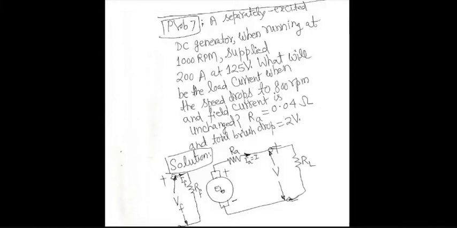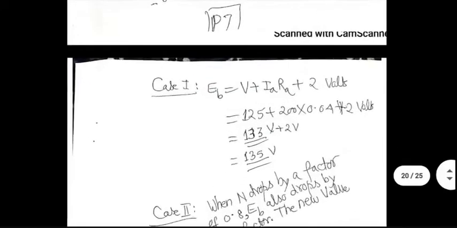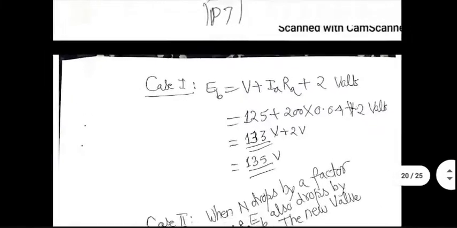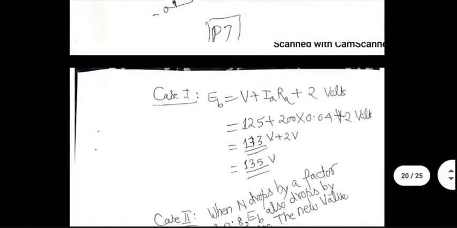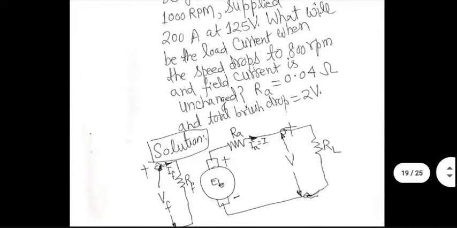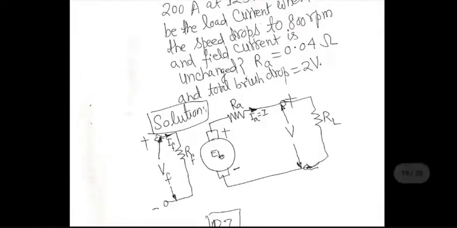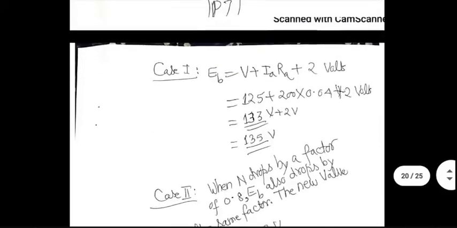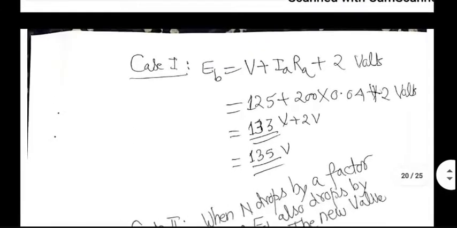At 1000 RPM, it supplied 200 ampere and 125 volt. Now it's a separately excited machine, so armature current will be the same as load current. So EB is very easy to figure out, including 2 volt voltage drop because of the brushes.